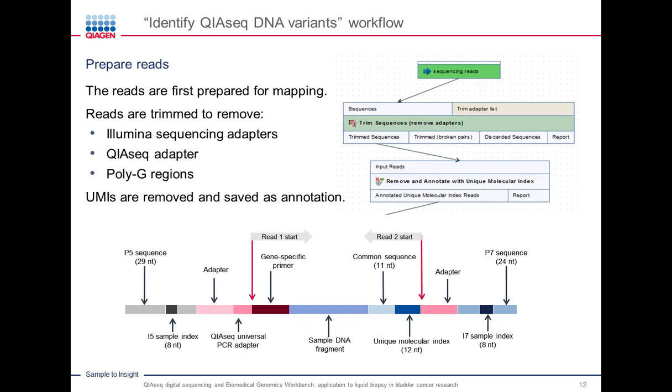A very important step in this workflow, which I will only show in highlights, is, for example, the preparation of the reads and the trimming of the reads. If you look at this picture, and this is something that people working in next generation sequencing know very well, a great portion of the data that you collect from a sequencing experiment does not belong to the sample that you're actually interested in.